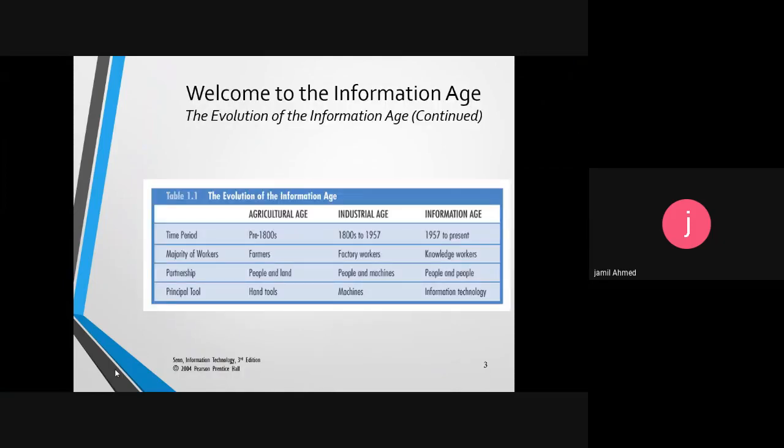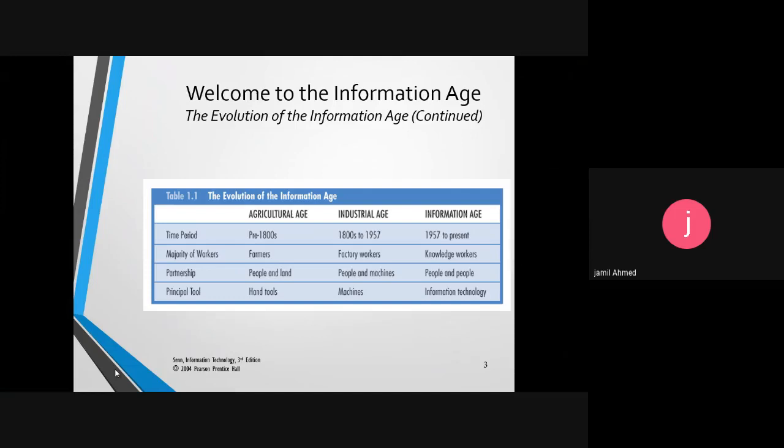As we think about the evolution of the information age, we can see the period from the pre-period, which is the agricultural time period, and then the industrial age begins in 1800 to 1957. Lots of industries can be seen by us.